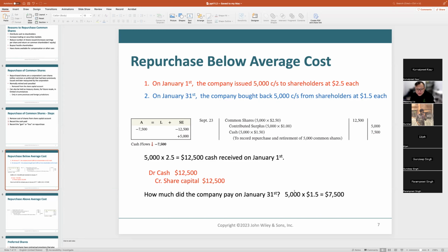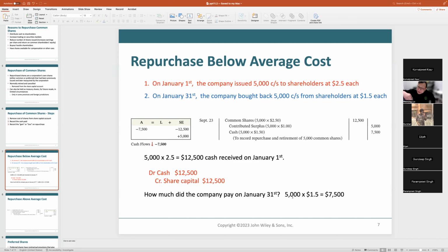And they received the 5,000 common shares, right? That will be retired and removed from the share capital. So if you remove from the share capital, your equity balance decreases, okay? If you increase your equity balance, you go credit.